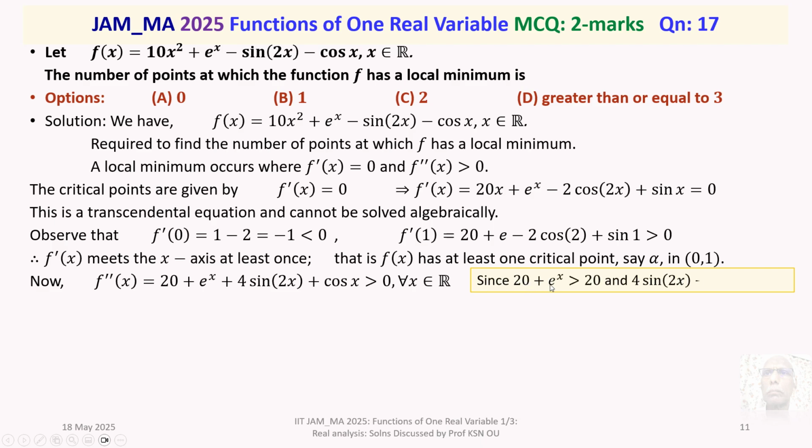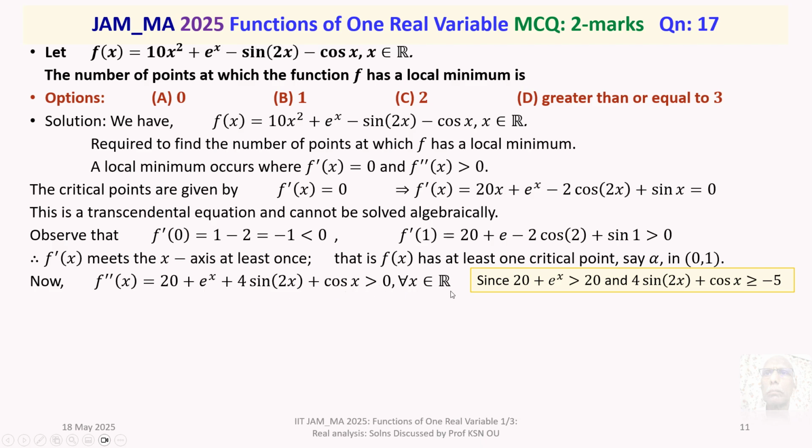Because 20 plus e power x is always greater than 20, and 4 sin 2x plus cos x, the least value is minus 5, is greater than or equal to minus 5. So when you put these two things together, 20 plus e power x dominates this value, and it will be positive for all x belongs to R. So f double prime x is greater than 0 for all x belongs to R.